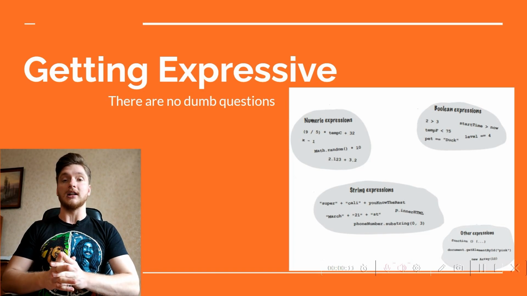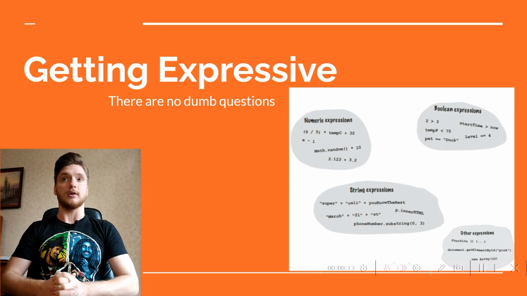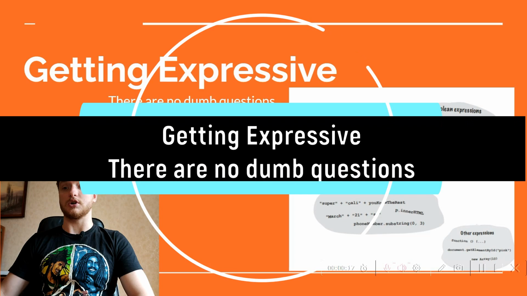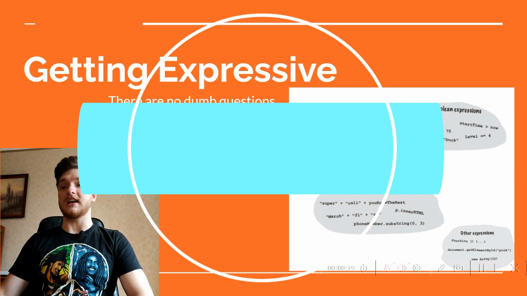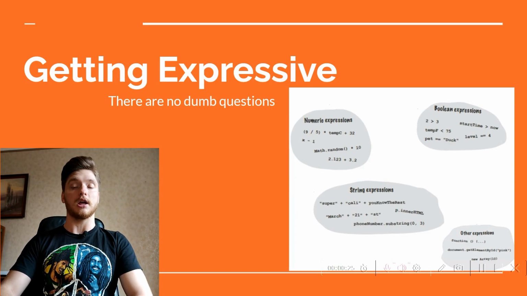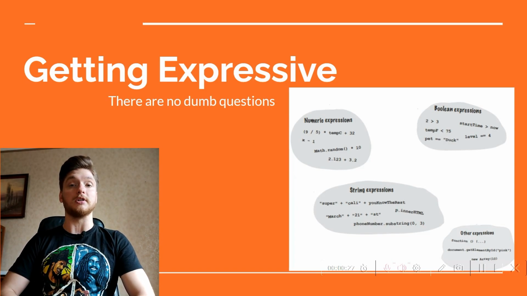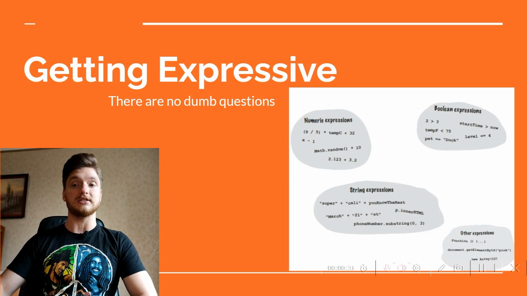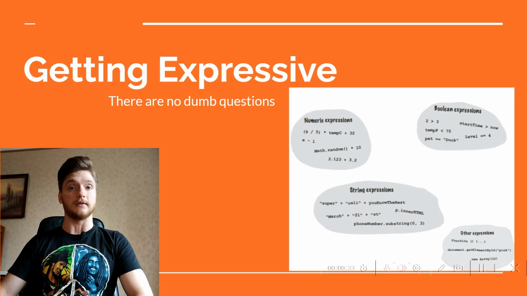It's about HTML and JavaScript, and we'll talk about getting expressive. And let's go talk about this, and there are no dumb questions. What if I've used a reserved word as a part of my variable name? Like, can I have a variable named if, only that is a variable that contains the reserved word if?